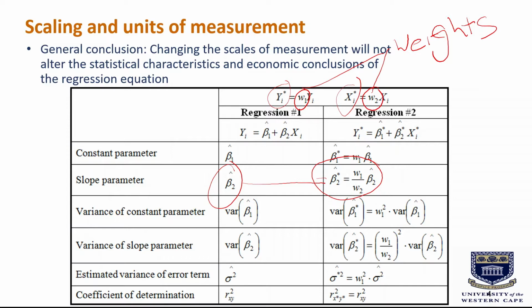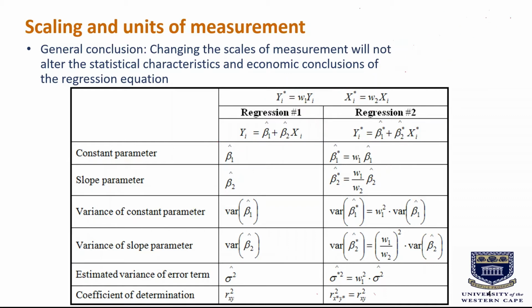And if you want to rescale the beta 1 hat variable, you have to apply the formula in this column. So beta 1 hat star equals W1, whatever your scaling factor is, multiplied by beta 1 hat.